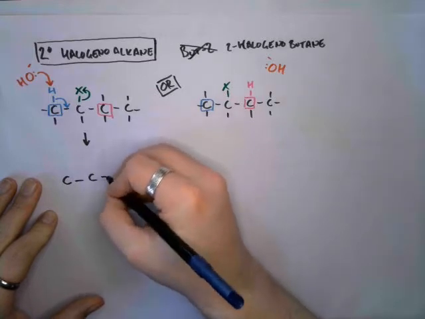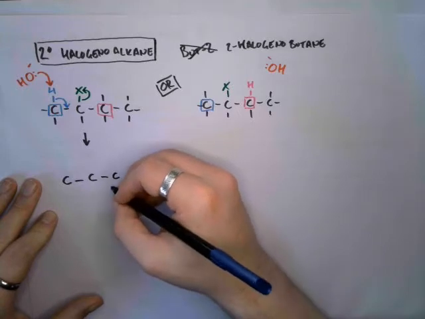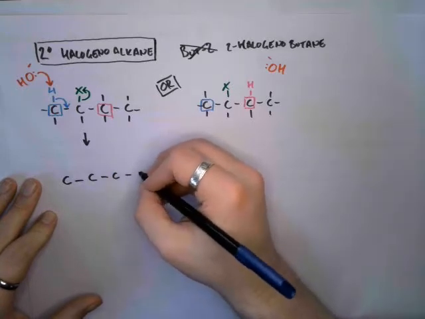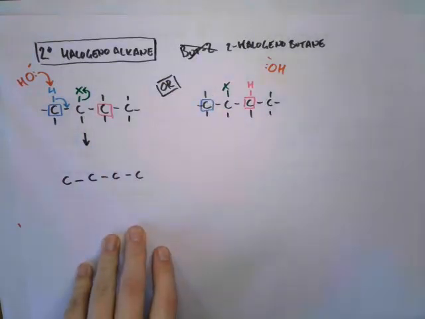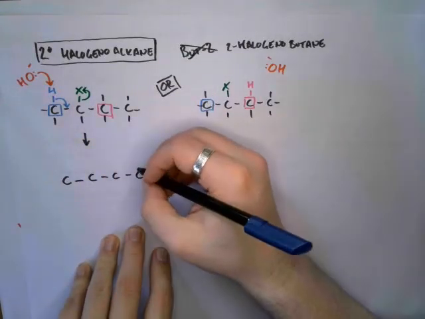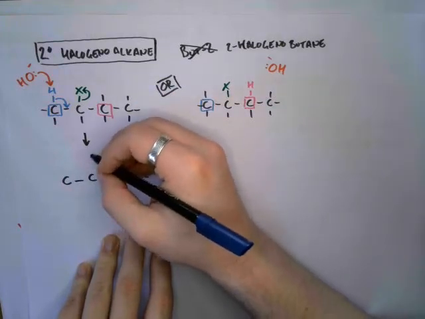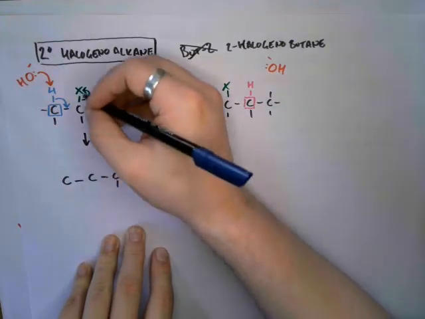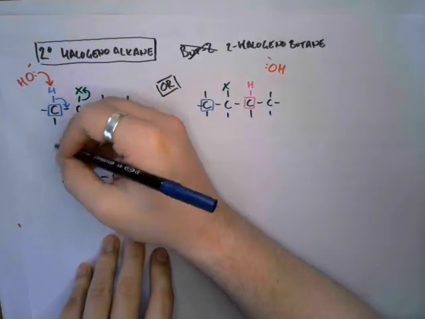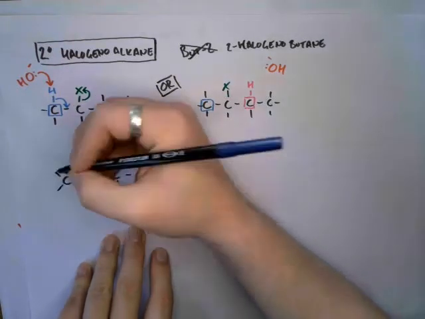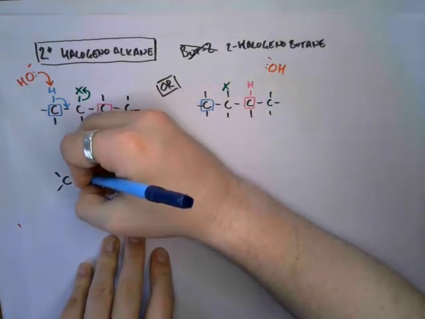Then we've got this side, that carbon, nothing has changed, and that carbon, nothing has changed. And so when we look at this, let's fill in our hydrogens, nothing's changed here, nothing's changed here. Here it's lost the hydrogen, the halogen, so I'm going to put this down here. This side, it's lost one of its hydrogens, so it's got two. I'm going to draw my double bond in like this.